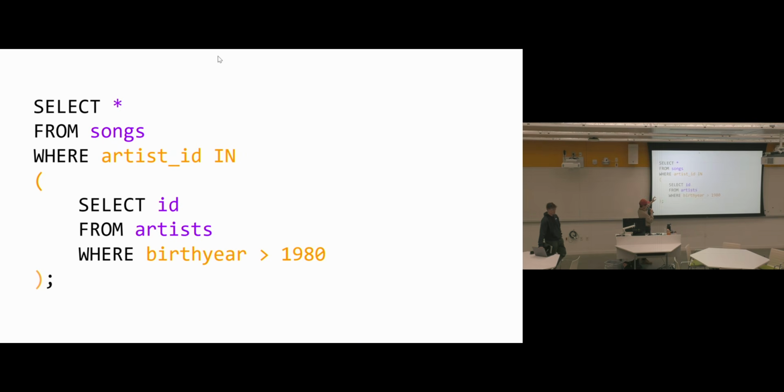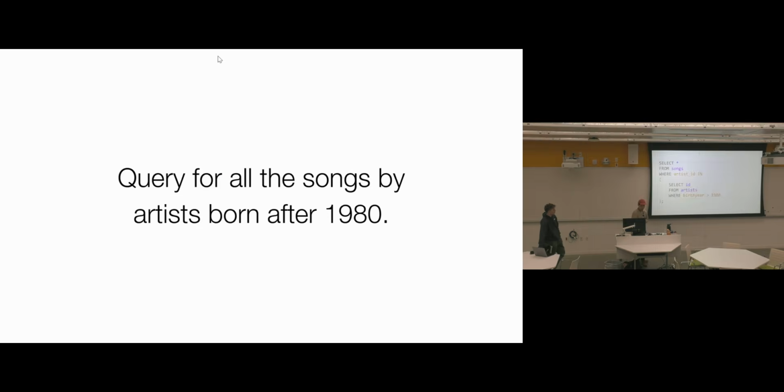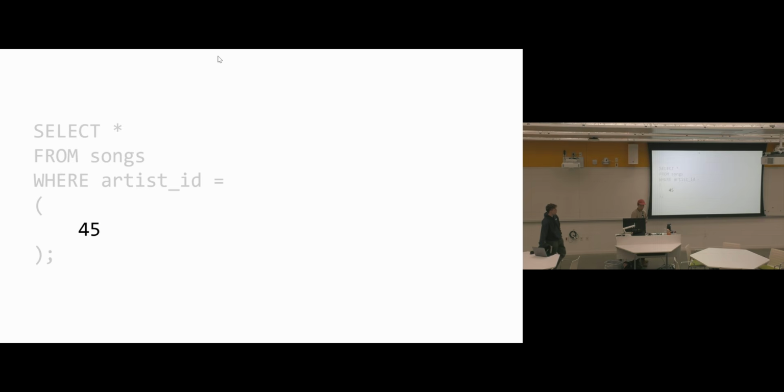Another different thing that I would like to note is that previously we did where artist ID is equal to blah, blah, blah. Now we have where artist ID is in blah, blah, blah. When we did artist ID equals, how many answers did we get?